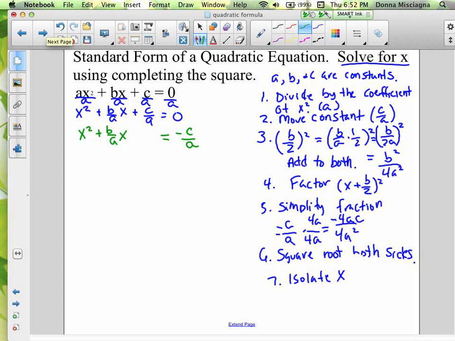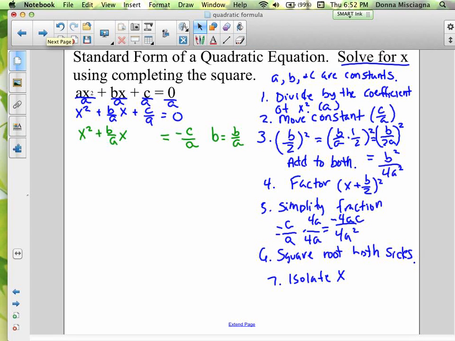All right, now we need to add that magic number, b divided by 2 squared, to both sides. But what's b? Well, b is the coefficient on x, so that means b is equal to b divided by a. So we're going to add b divided by a divided by 2 and then square it.